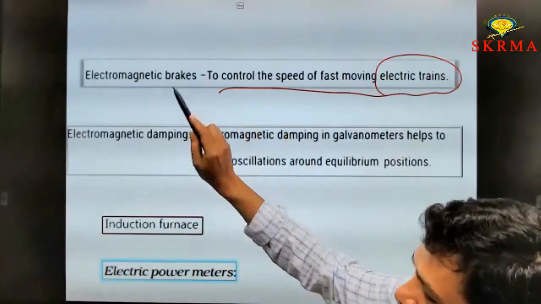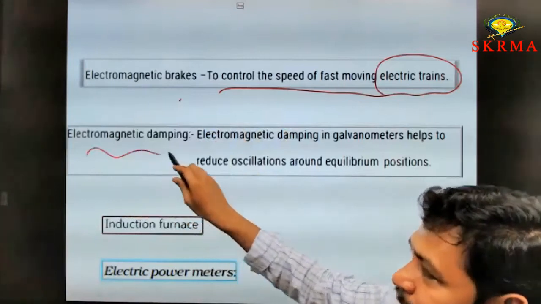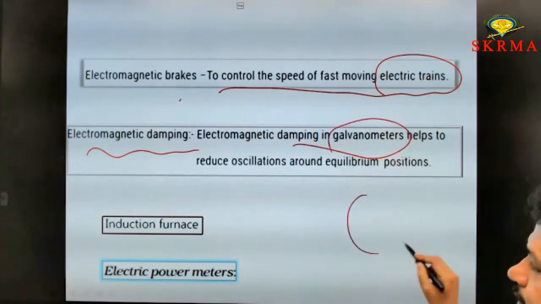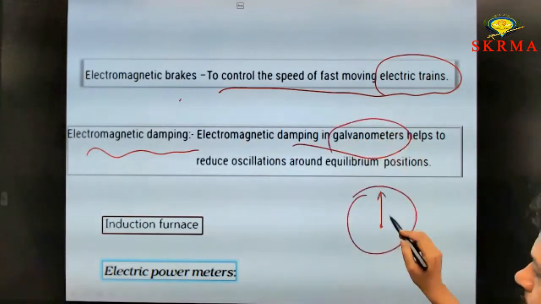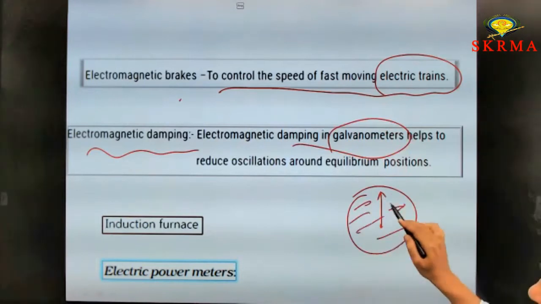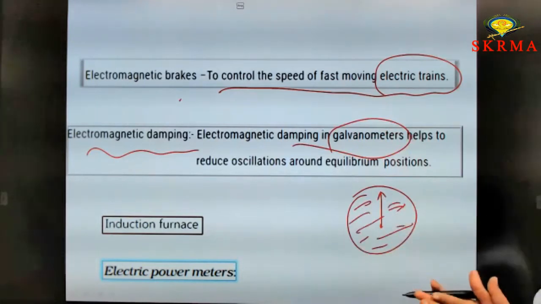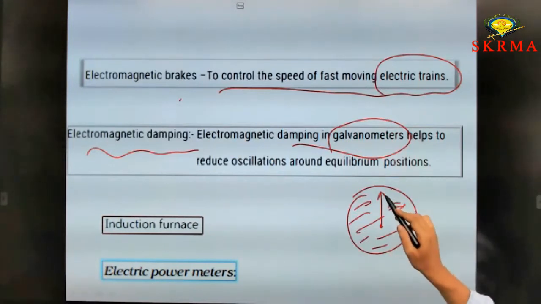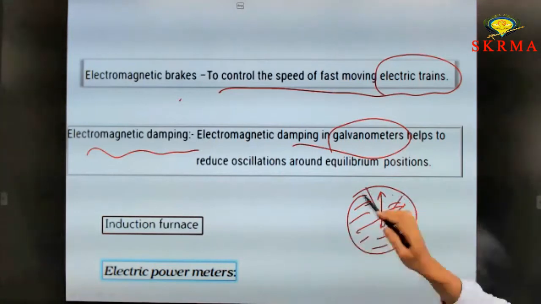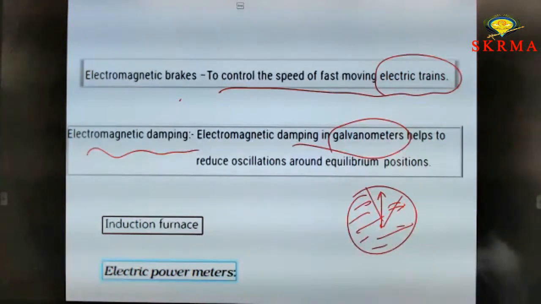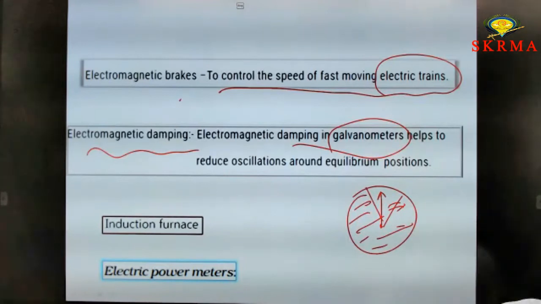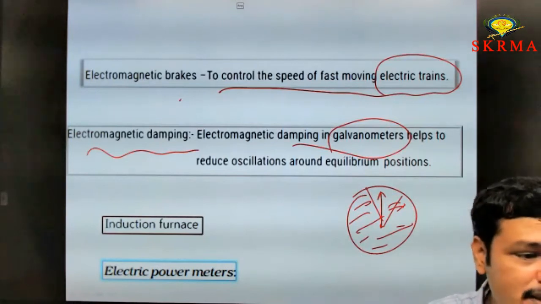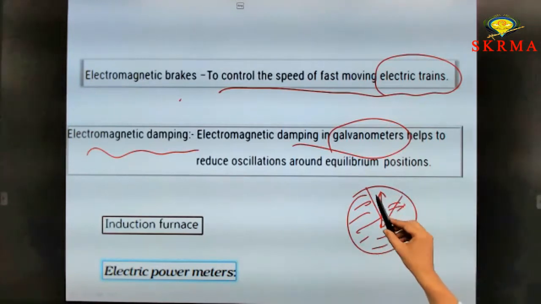The second is electromagnetic damping in galvanometers. Generally, galvanometers are prepared with some coils or conducting material, placed like a platform to the galvanometer. The galvanometer shows small deflections to left or right. Whenever there is no deflection, there is no current flow through that circuit. If there is any disturbance, the deflection is towards left or right.